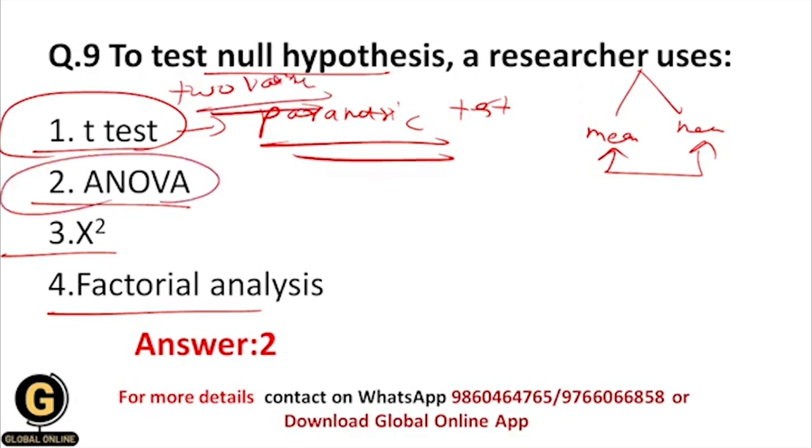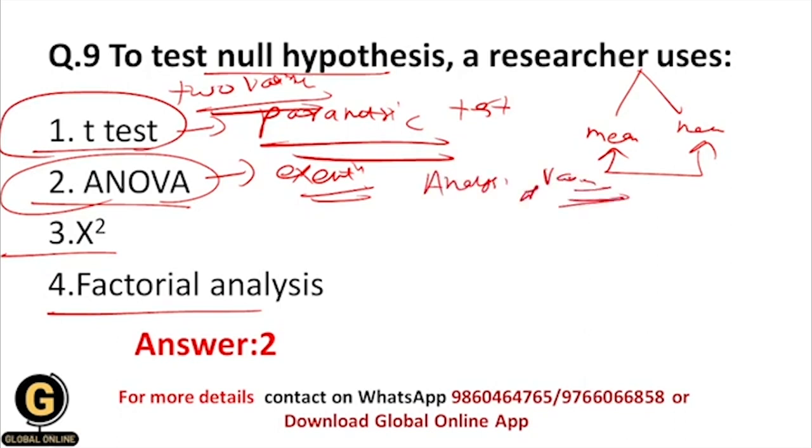ANOVA, what is this? ANOVA is the extension of t-test. I mean to say, this is the test which is based upon t-test only, but this is the advanced t-test. Here we are going to analyze the variance basically.